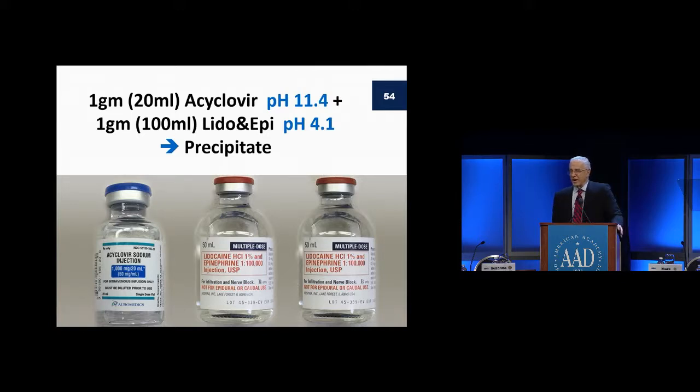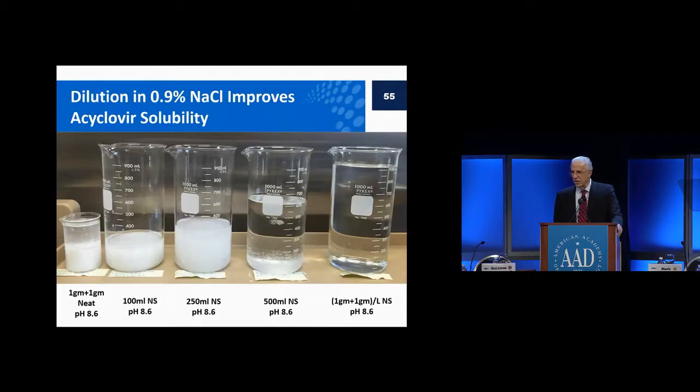But there were serious concerns about the compatibility and the safety of using subcutaneous acyclovir. Acyclovir, as sold commercially, is 1 gram in 20 milliliters, and that has a pH of 11.4, and for 100 ml of lidocaine for 1 gram, the pH is 4.1. And when you mix these two together, they precipitate immediately. So they're not compatible. So here's a series of dilutions we did. You can see on your left the two volumes mixed in a neat solution.